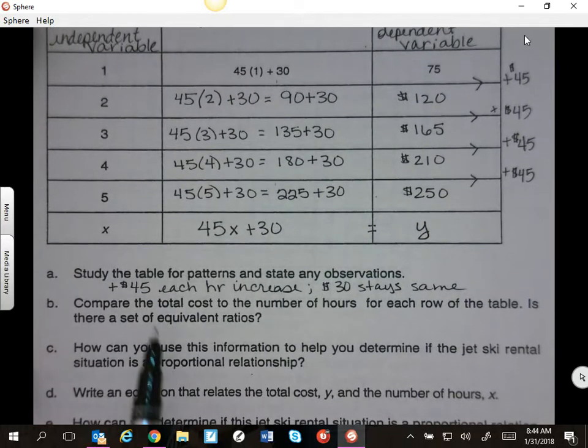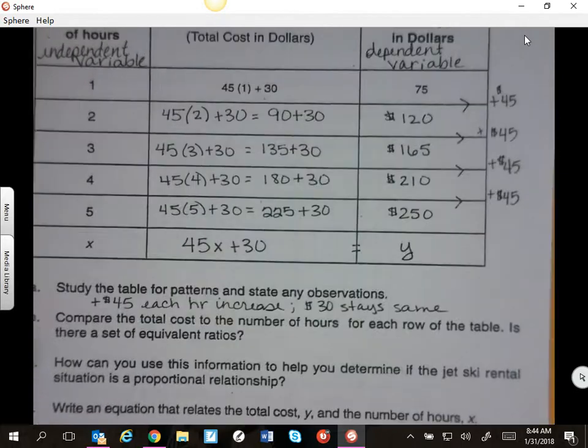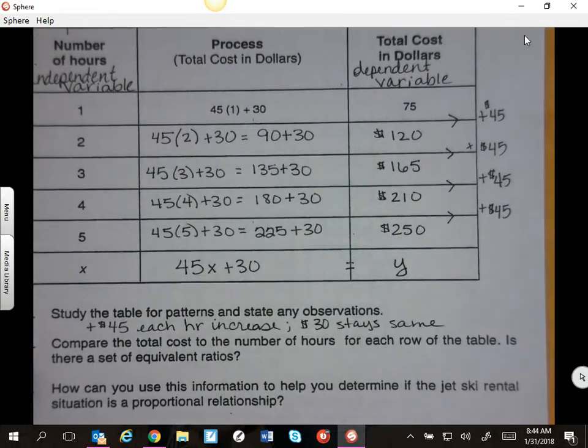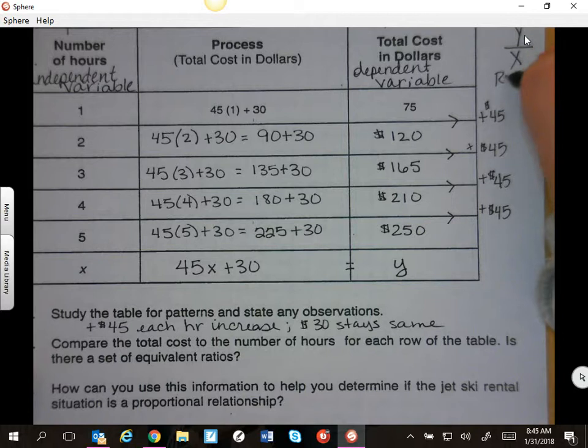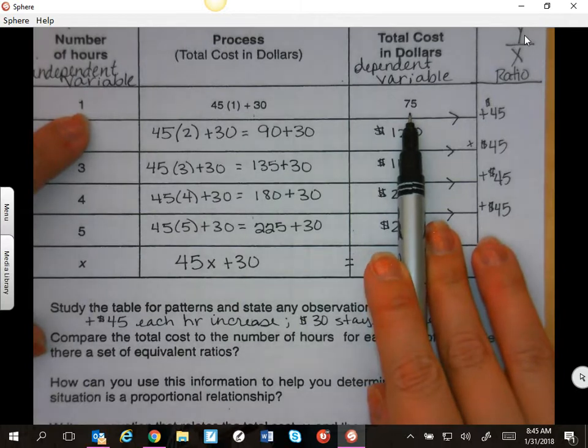Compare the total cost to the number of hours for each row in the table. Is there a set of equivalent ratios? So what we're going to do here, and I'm going to have to squish this a little bit because I put my plus 45, is we're going to do what we call a Y-X ratio column, where we are comparing this Y value, this cost, to the number of hours.